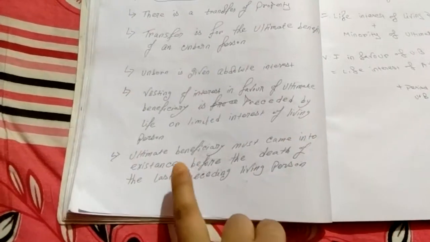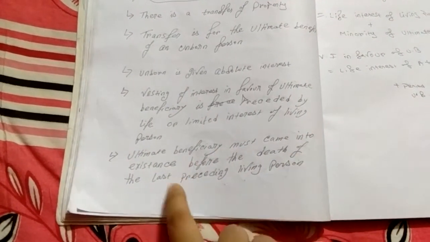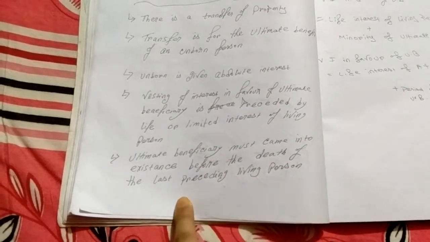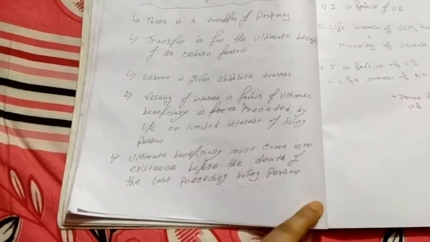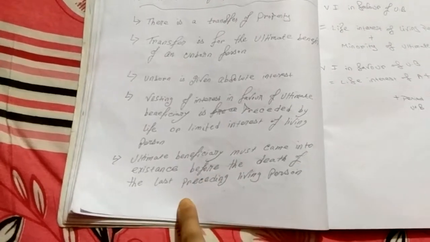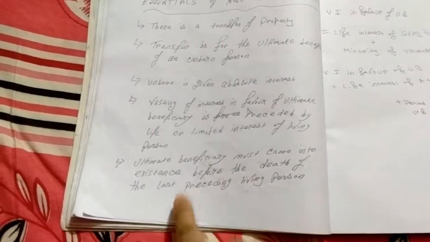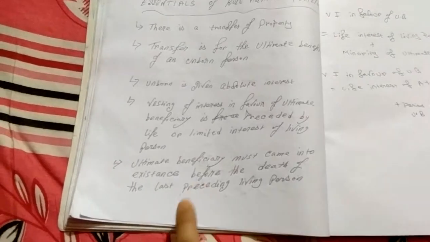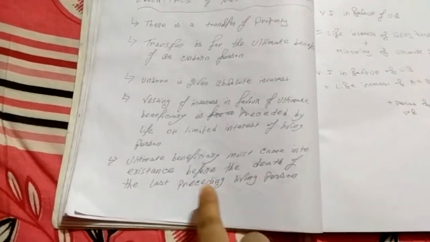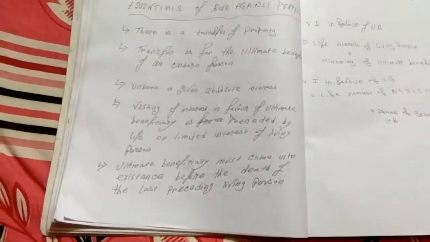Next is that the ultimate beneficiary must come into existence before the death of the last preceding living person. So the ultimate beneficiary has to come into existence before the death of the last person who has the life interest. Suppose the life interest is created among A, B and C. So before the death of C, the unborn must come into existence.